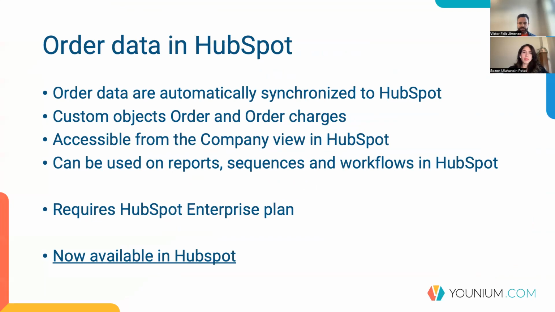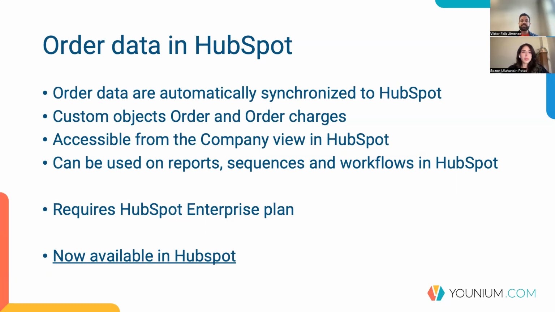So for those customers that run HubSpot, and specifically those with the HubSpot Enterprise plan, we have enabled it so order data is automatically synchronized to HubSpot. That means that the Younium integration will create custom objects of the order and the order charges.